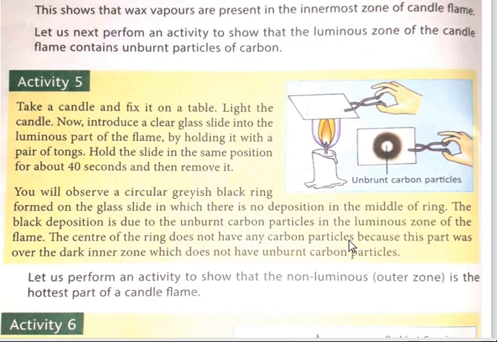That black ring shows the deposition of carbon particles, which don't burn, on the glass slide. This shows that some part of the wax vapor remains unburned in the middle zone.